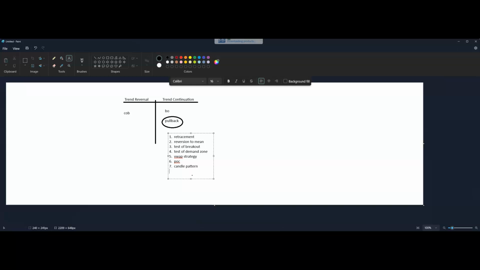And then of course, let's not forget, I forgot, divergences. Yeah, oscillator divergences, right? So there are multiple. Okay, it doesn't stop. So you have to figure out what you're good at and get really good at it. If you're a pullback trader, that's what you do.